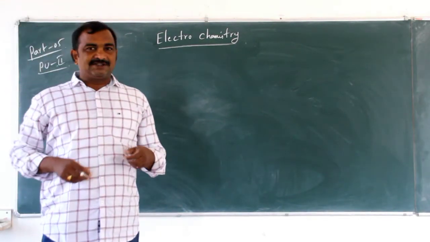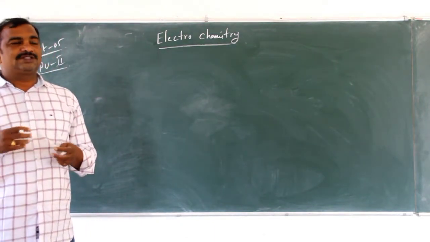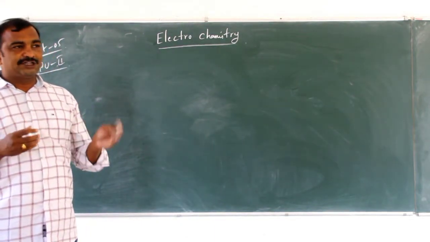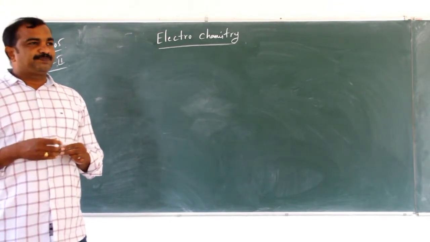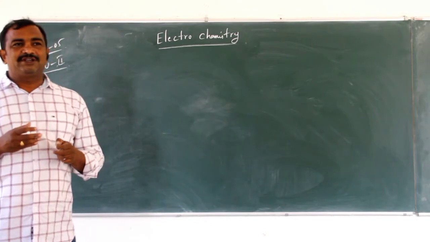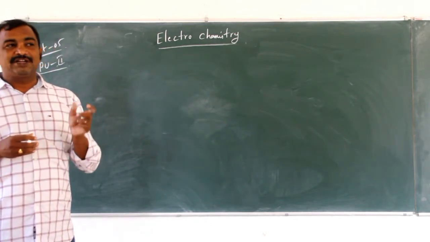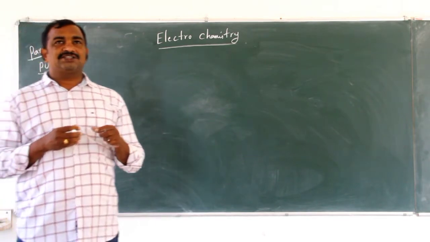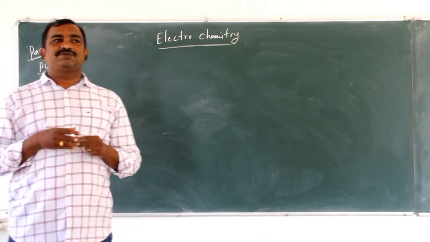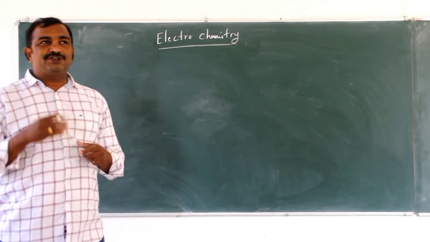So in this class we are going to discuss the extension of the Nernst equation topic. If any chemical reaction is given, how can you calculate the Nernst equation for that reaction, and how can you write the reaction coefficient.